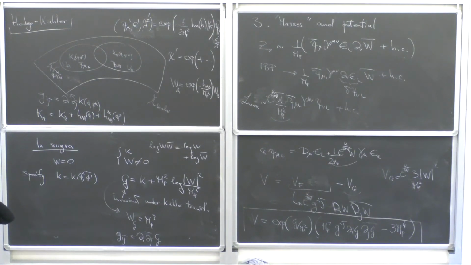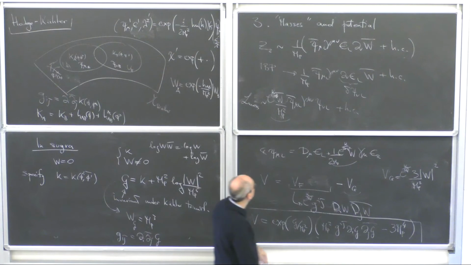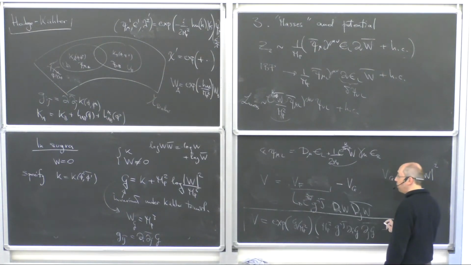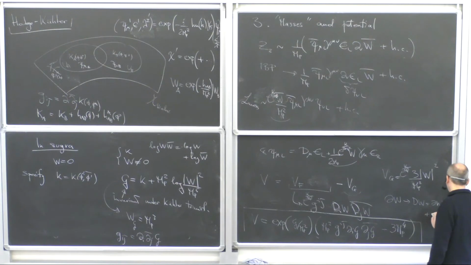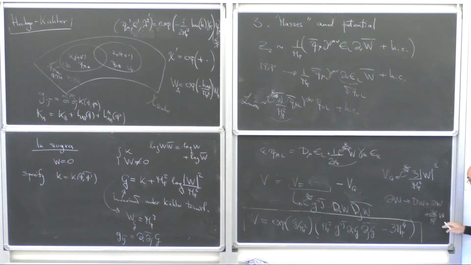I don't know exactly what was the question. The question was about the fact that you promoted the derivative of W, a function on the scalar manifold, to a covariant derivative. Yes, I promote the derivative of W into a covariant derivative which contains the derivative of K. That has to do with the fact that this is a complex function, and you have a complex line bundle on the manifold.